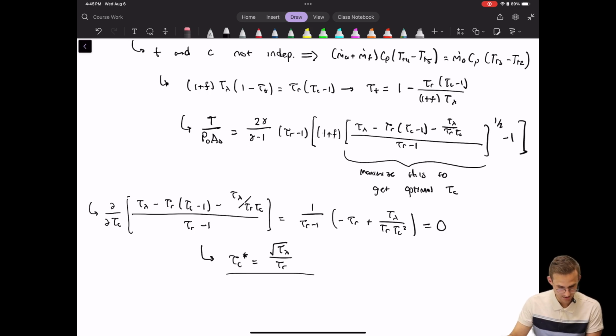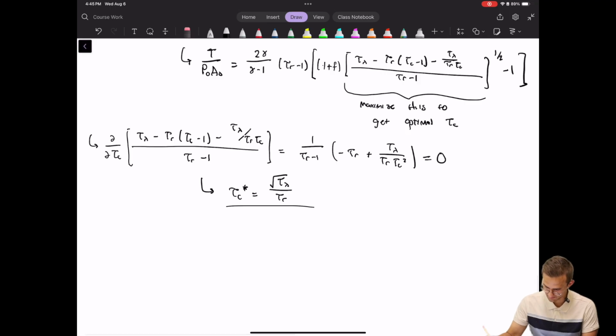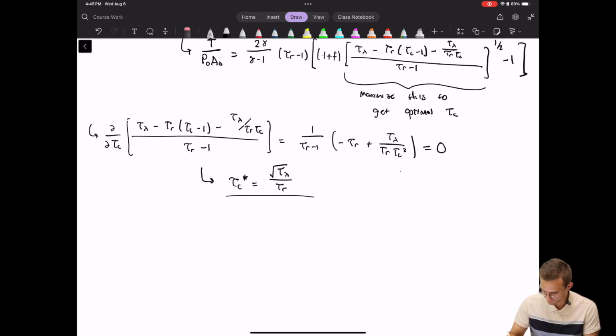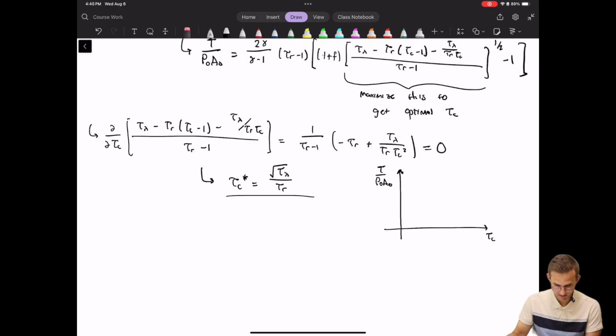Okay, and so what if we actually plot this, the non-dimensionalized thrust as a function of tau C, then let's say that we start at 1 here, then what it looks like is like this. It goes up for a bit, and then it just dives down.